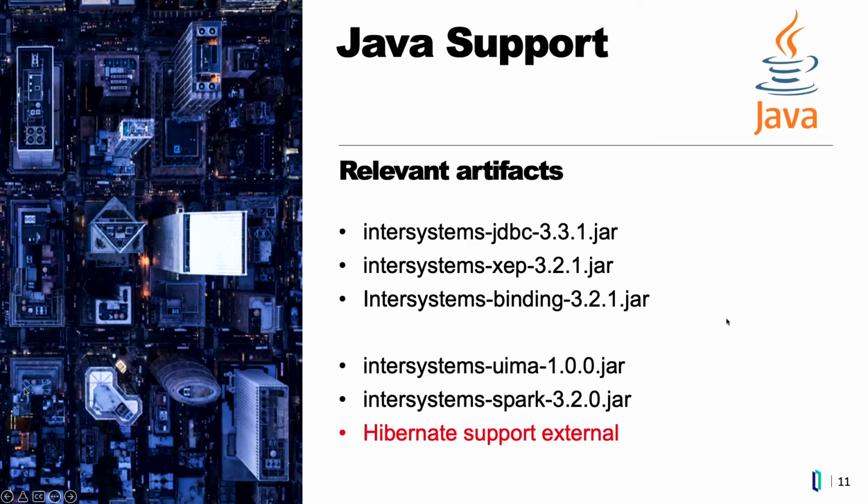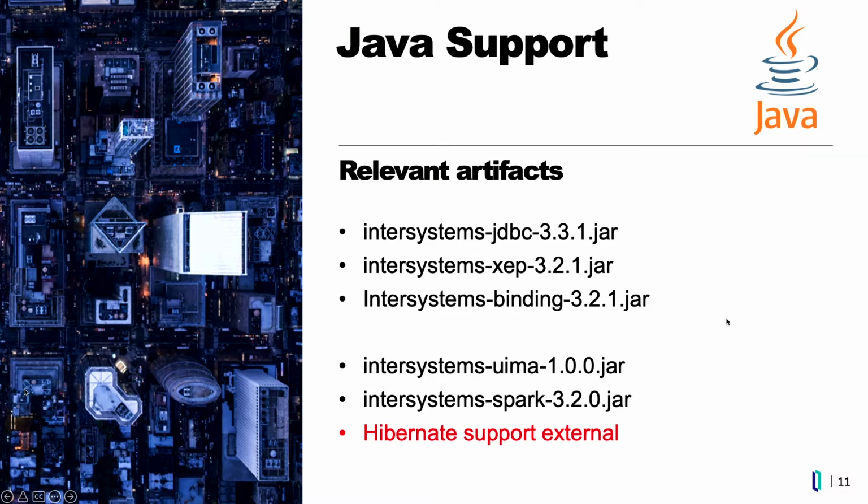Java support, we have a couple of artifacts to be aware of. Obviously, the JDBC driver. I will mention this once, but this is true for all the other language environments too. You will see that this is now all including semantic versioning, right? All the drivers include semantic versioning on their own because they are supposed to have a life cycle independent from the Iris kits, right?